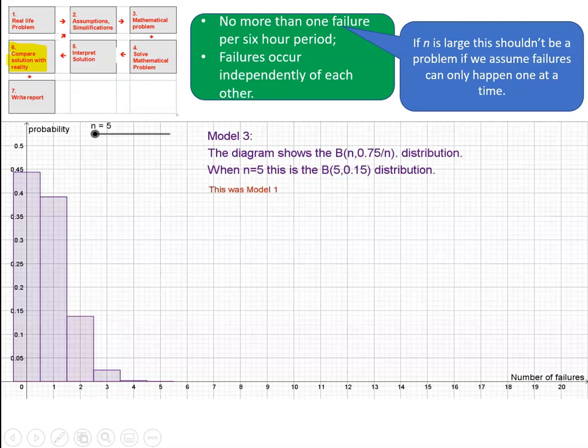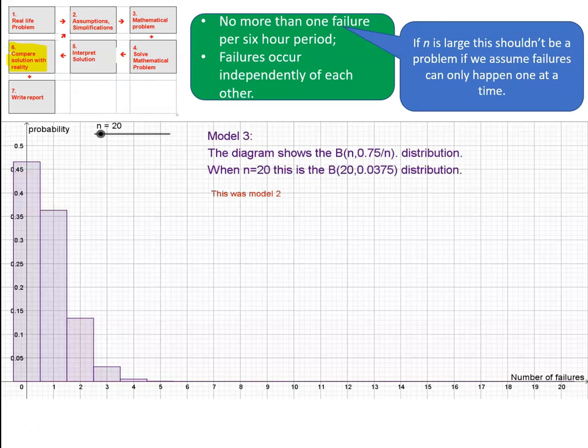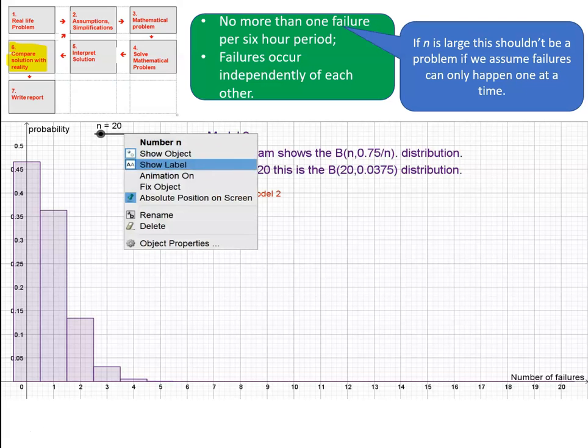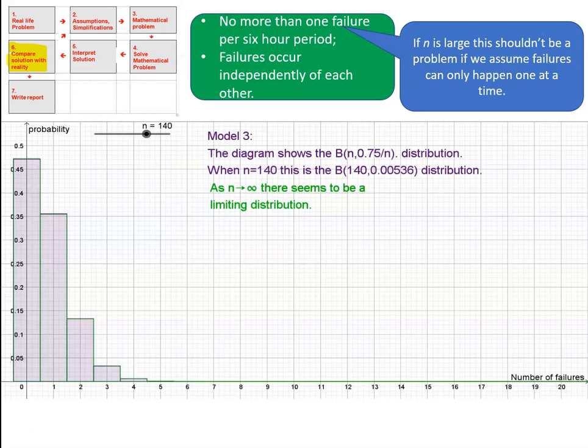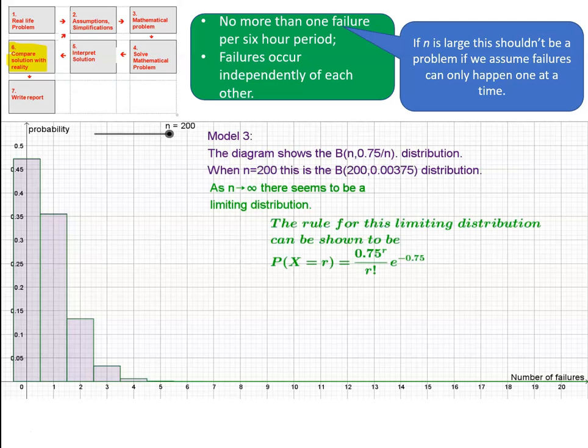So here's the probability distribution in the case where n equals 1. It's now increased to 10, and you can see the probability distribution is changing slightly. We've now moved to n equals 20. And you can see that as n is increasing, the probability distribution seems to be approaching a limiting value. And that limiting value has now been put in green.